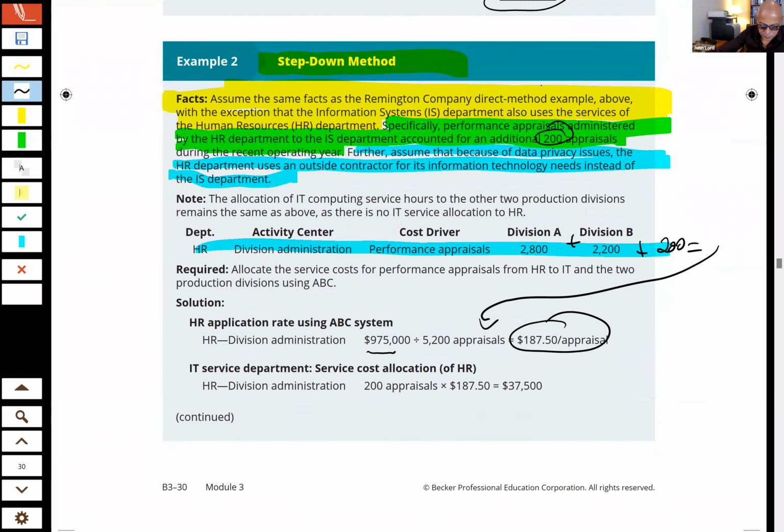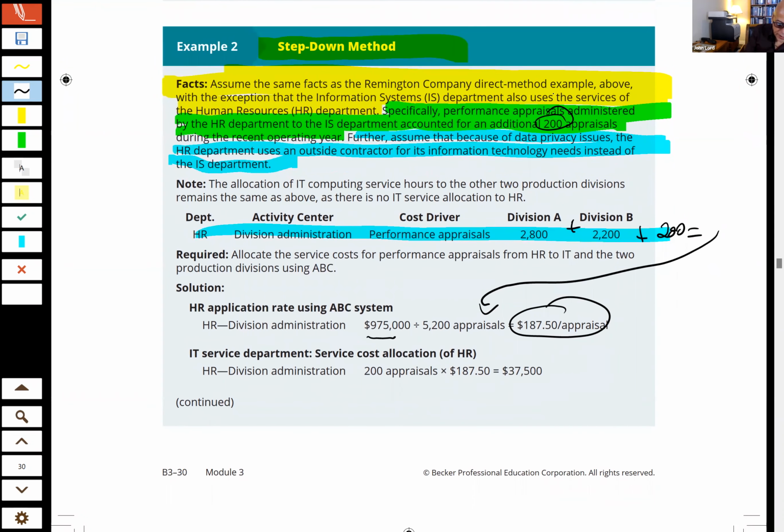Now you come over and we will take that cost and apply it to the 200 appraisals that are going to the IS from the HR department.